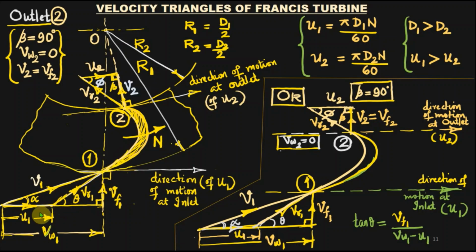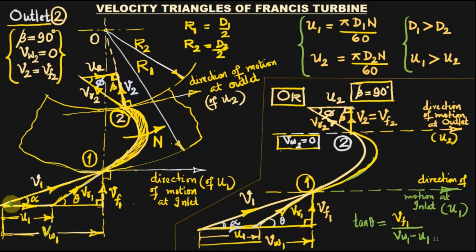So for shockless entry, VR1 must be made tangential, and for that purpose the absolute velocity of water V1 should be directed at an angle, say alpha, which is the guide vane angle at inlet. So V1 is so directed that VR1 is made tangential to the blade surface at inlet 1.